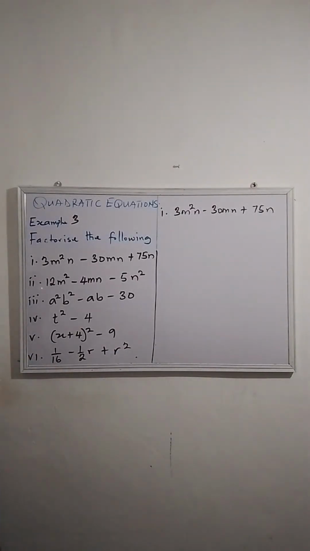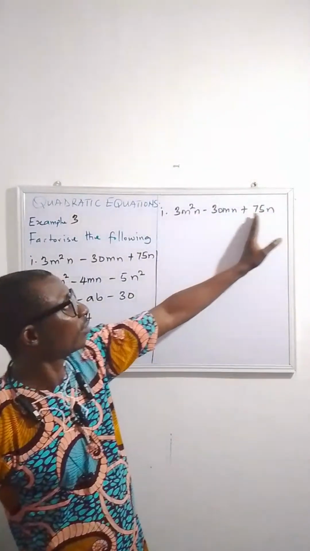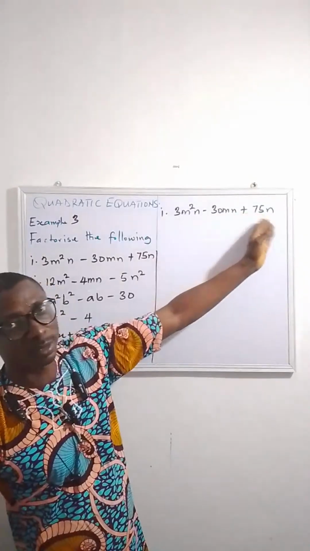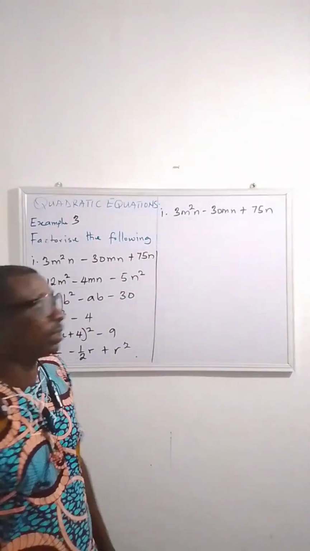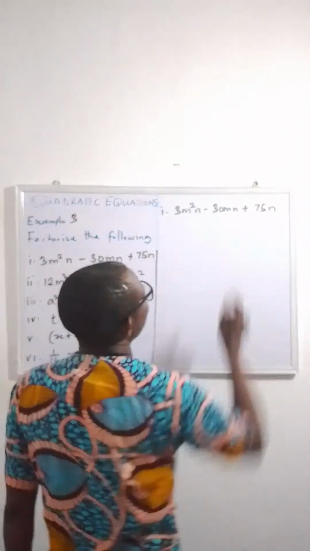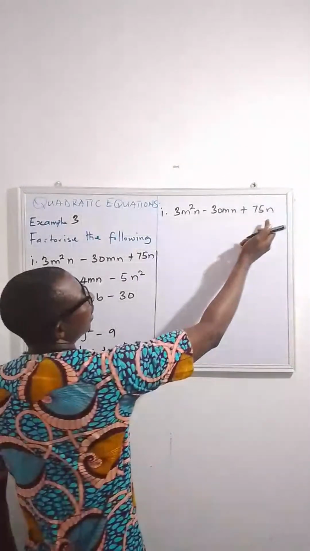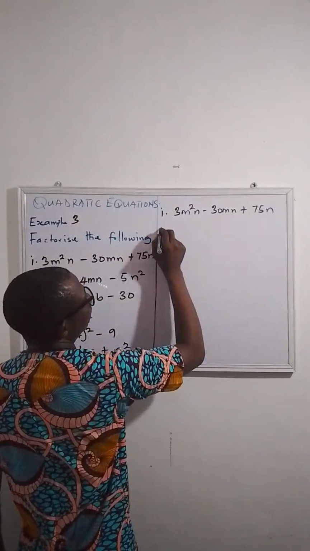Now, the first thing is to look at the expression we have here. There's something that is common to these three terms. What is the GCD of these three terms? Can you tell me? That's going to be 3n. 3 is common and n is also common. So let's bring that out.